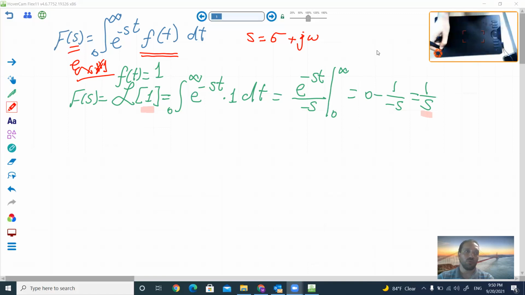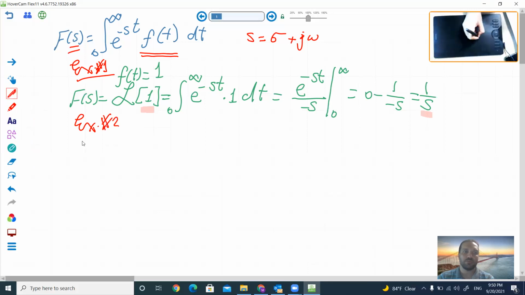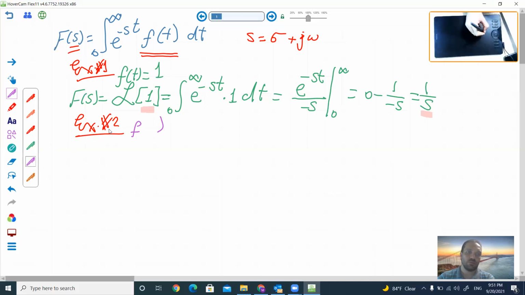Let's see example number 2. Let's have f of t equal e to the power t.